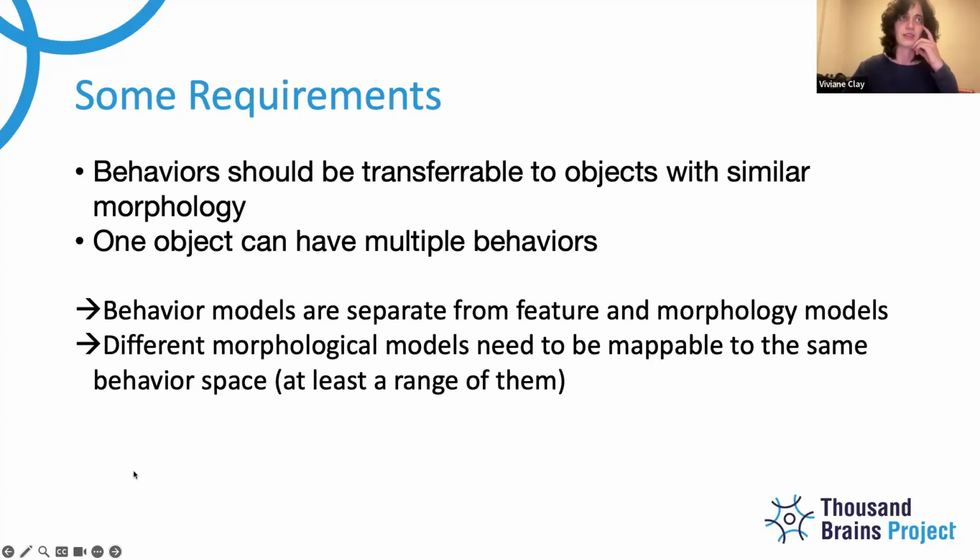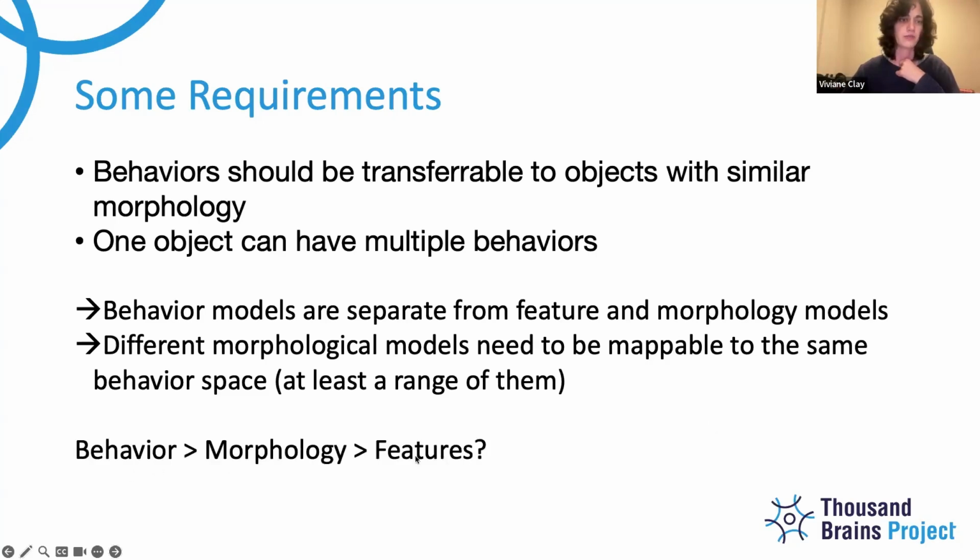That implies that different morphological models need to be mappable to the same behavior space, or at least a range of them. For example, if an object has a unique location space, the behavior model needs to somehow be able to map onto all of these different location spaces of different objects.